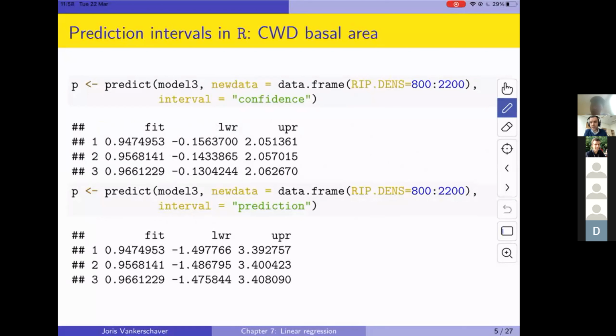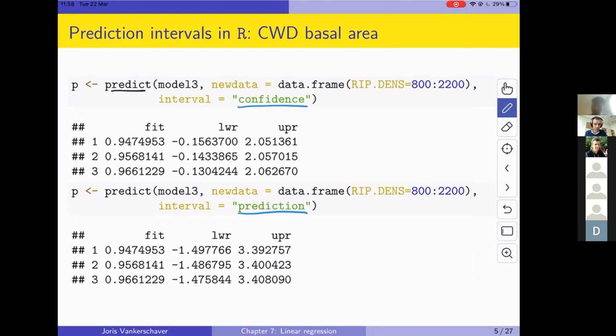And like I said, R is going to make this very easy for us. If we ask for predictions with the predict command again, what we can ask for is either a confidence interval or a prediction interval. So note the argument here. And a little bit about the mechanics: how do you ask R for such an interval?